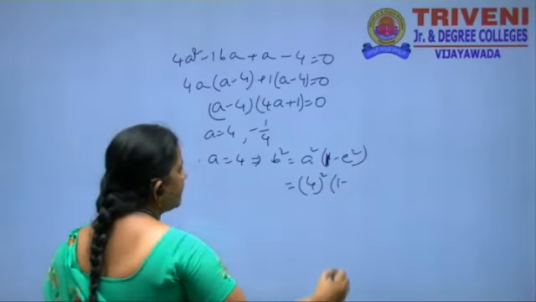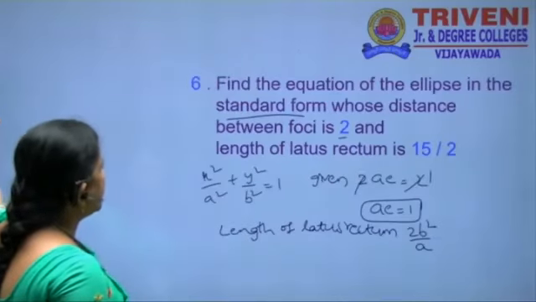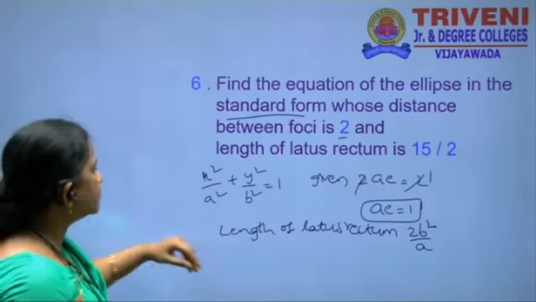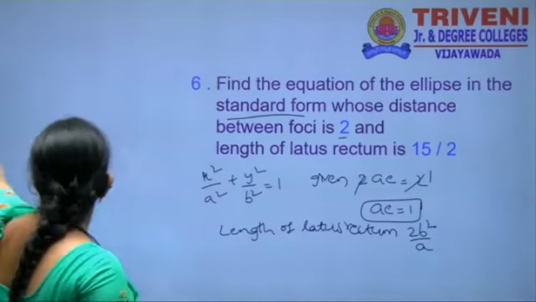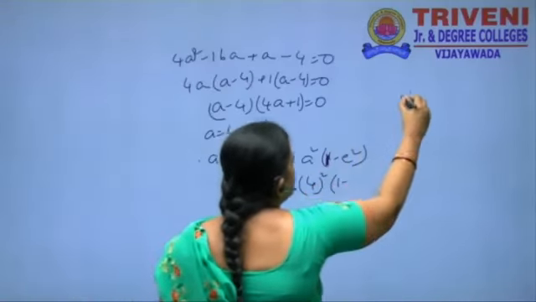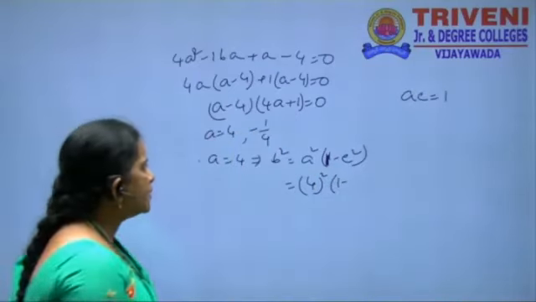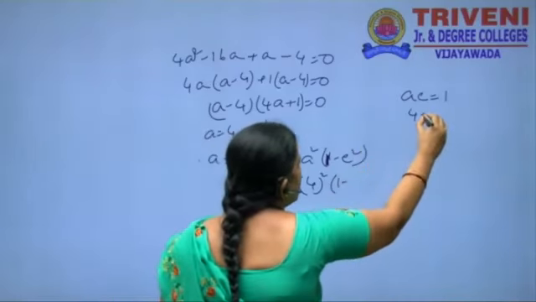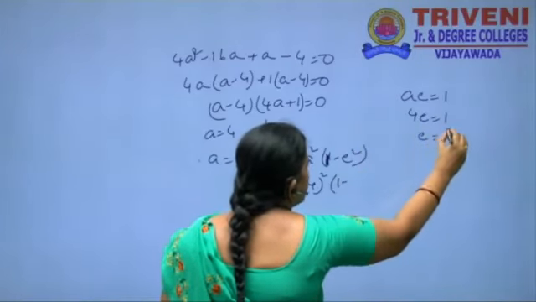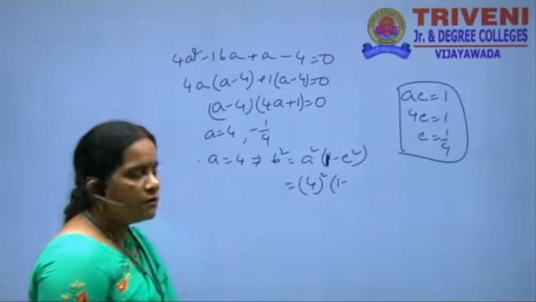The value of ae is equal to 1. Substitute the value of a: 4e is equal to 1, so e is equal to 1 by 4.